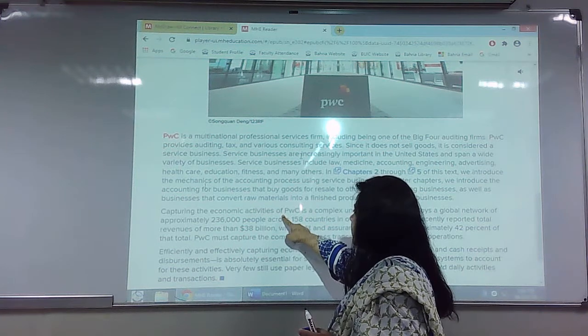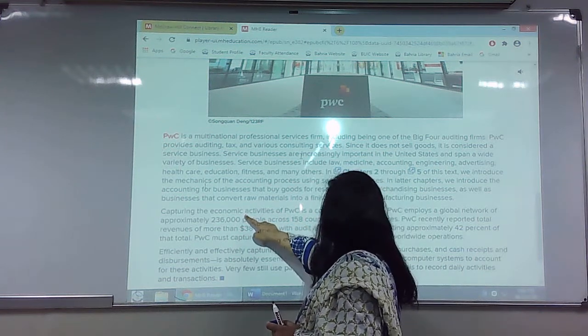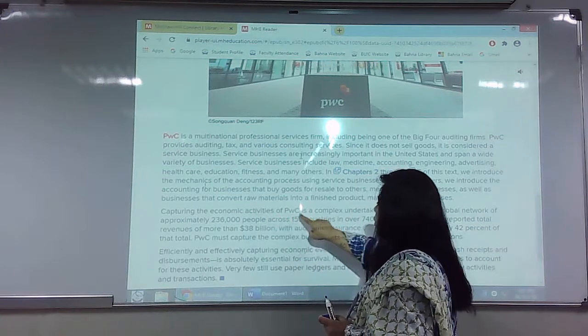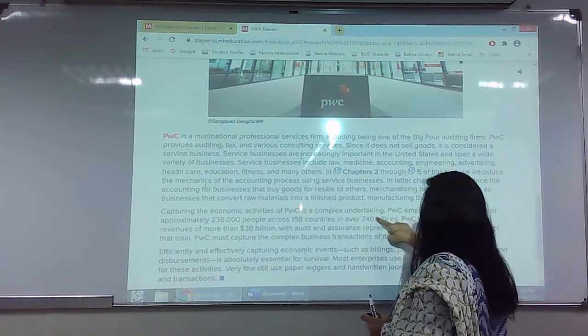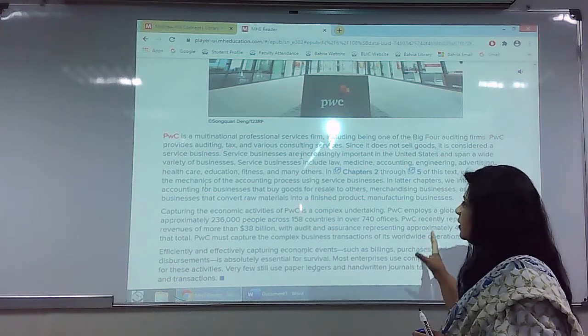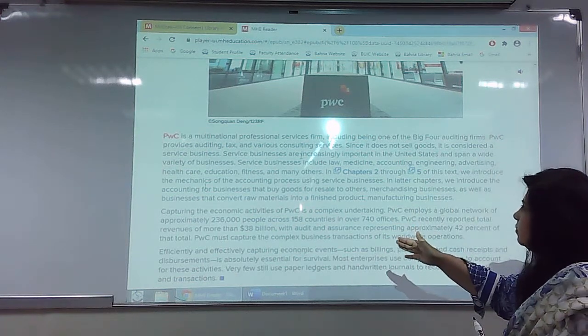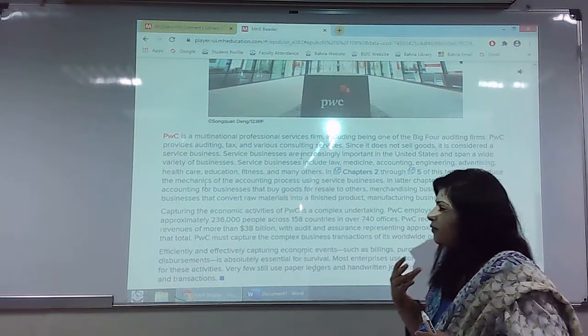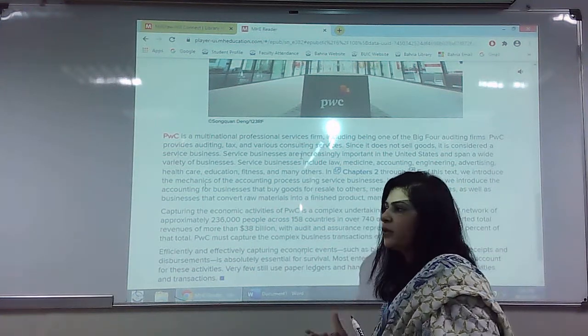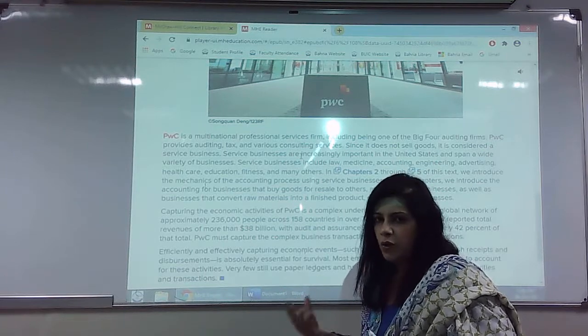Now what they do is capture the economic activities. Capturing the economic activities of PwC is a complex undertaking. What they're trying to say is that since it's a consultancy firm, if it had been manufacturing products, it would have been easier to capture its performance.